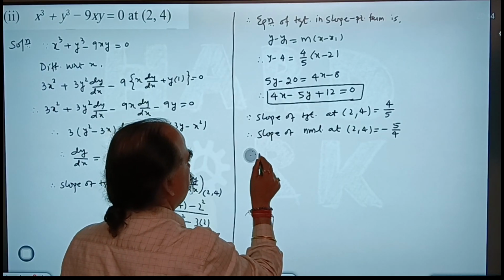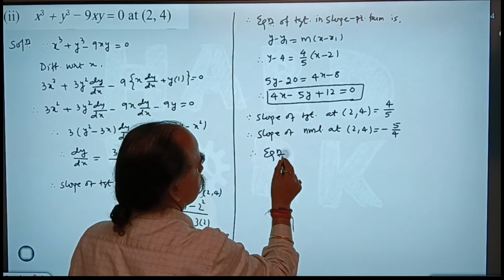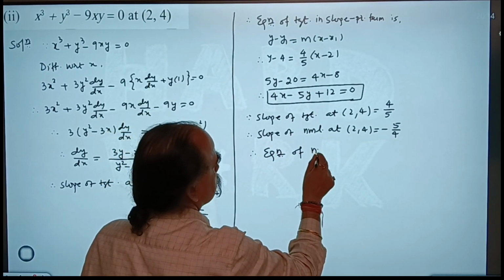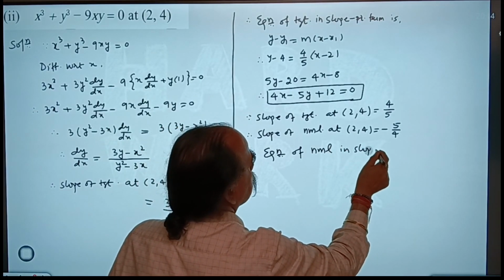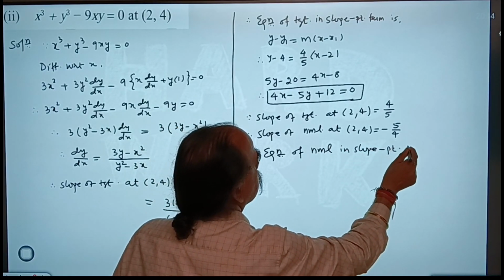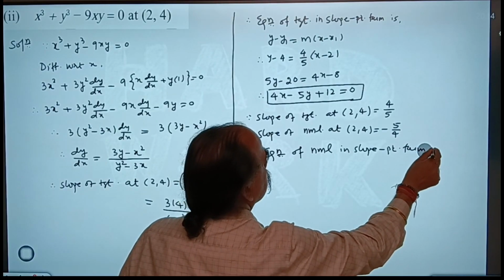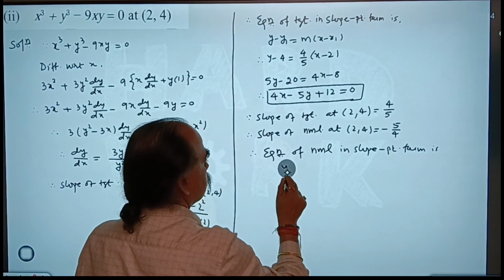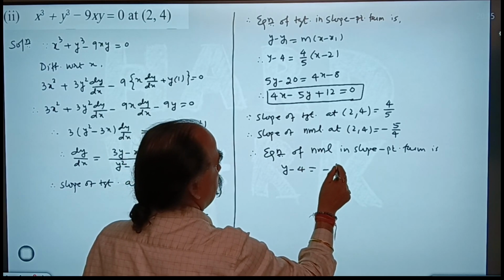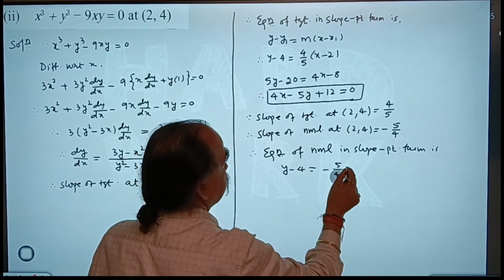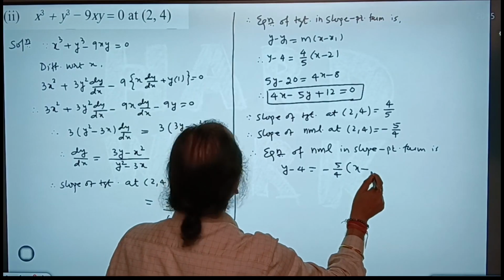Therefore, equation of normal in slope point form is y minus 4 is minus 5 by 4 into x minus 2.